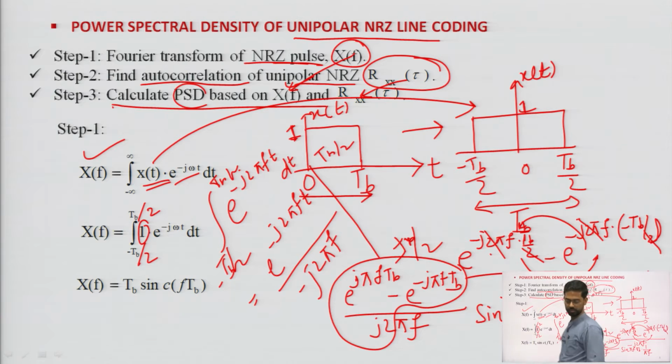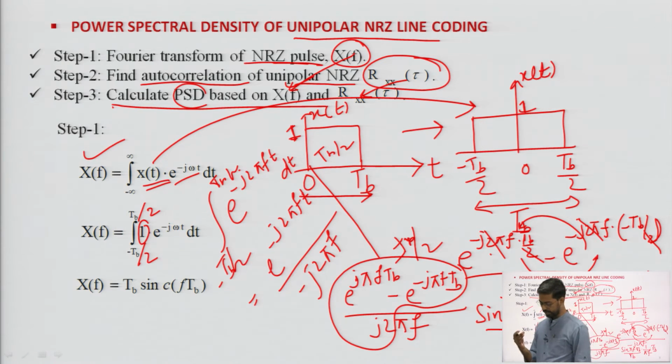So I have to convert this signal to a pulse. We have read about it in the first slide, that is nothing but the sinc pulse. How do I represent this sinc pulse? I multiply and divide by TB.